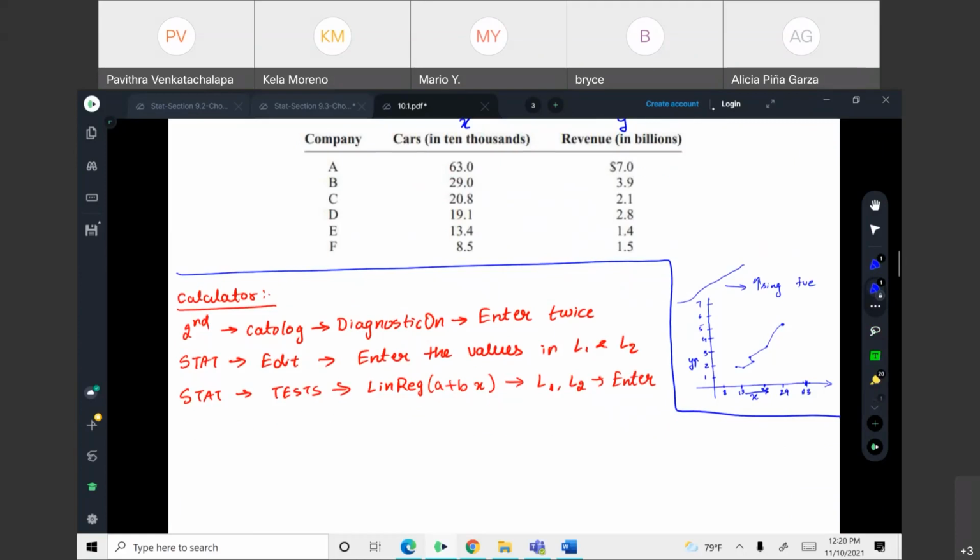If you're getting only A and B, that means you have not done the step. You can just go back and do this step and again come back to the third step and redo it again.